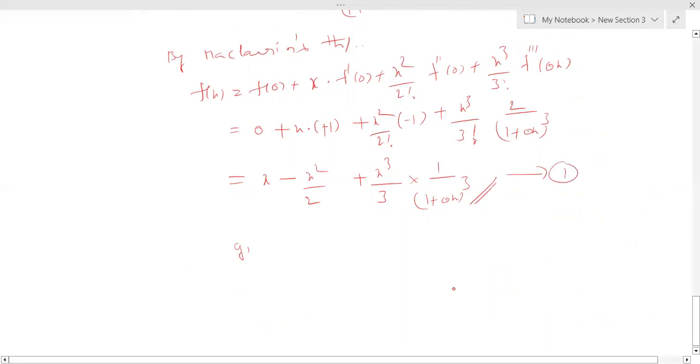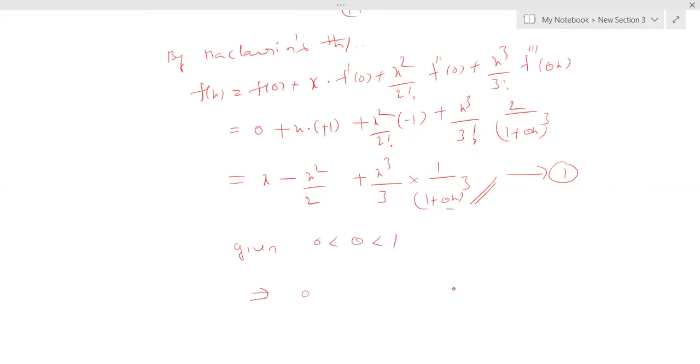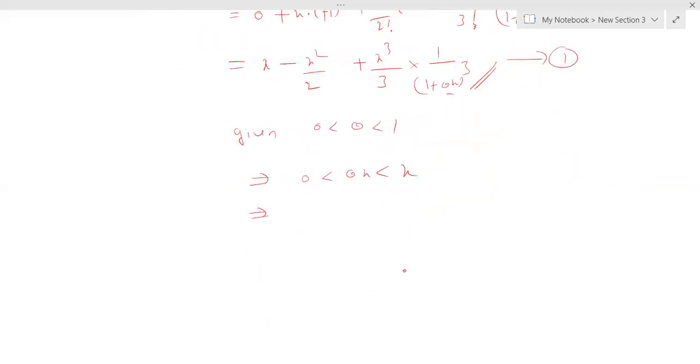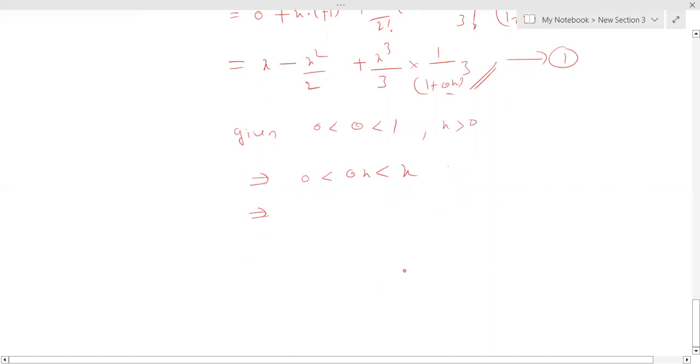Given 0 less than theta less than 1. Multiply with x, because in the denominator we have theta x. x is a positive number, so 0 into x is 0, theta x less than 1 into x becomes x, where x is greater than 0, because the log function works on positive values.